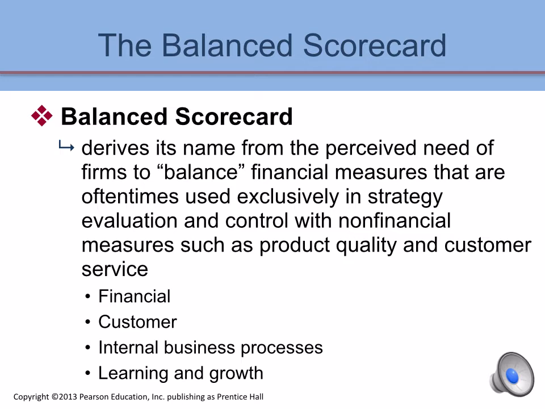Internal business processes, the third component, encourages the identification of measures that answer the following question: what must we excel at? In other words, what is the firm most proficient and efficient at? Examples include cycle time, unit cost, new product introductions.